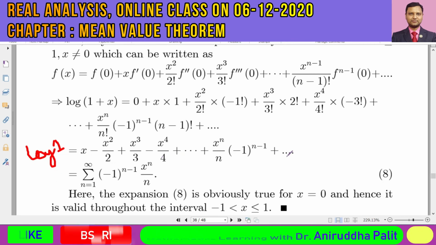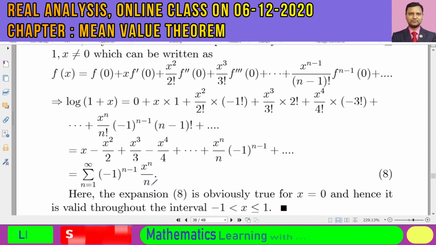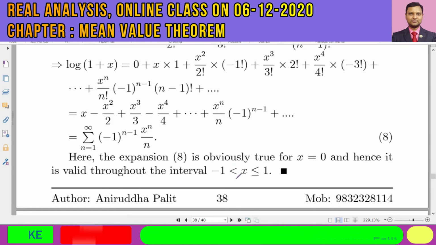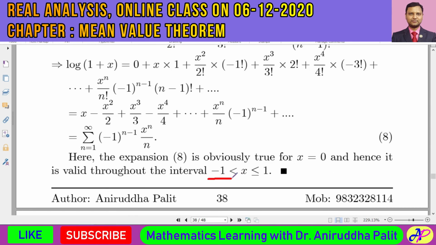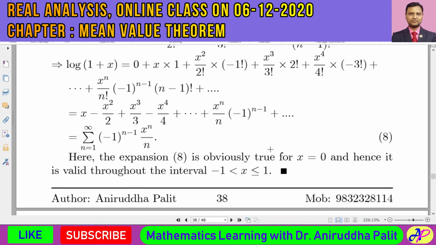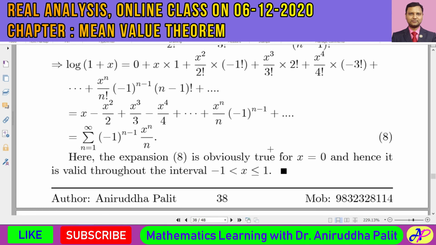So both the left hand side and right hand side become 0 at x equal to 0. Therefore we can say that this expansion is also valid at x equal to 0. And so the expansion is valid throughout the interval minus 1 less than x less than or equal to 1. Got it? Therefore this is the restriction that we need to impose on log of 1 plus x.